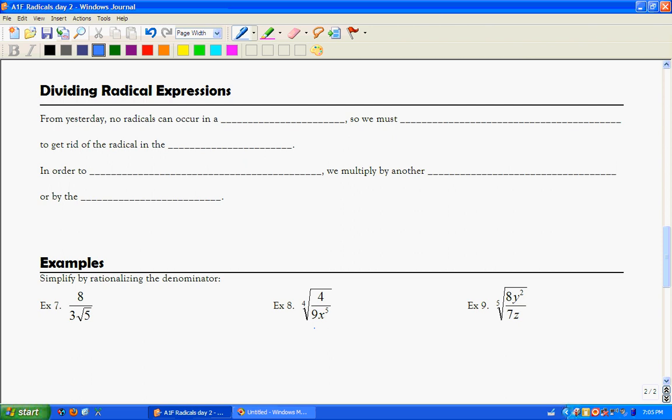Last but not least, we're going to cover dividing radicals. So from yesterday, no radicals can occur in a denominator. So we must do what we call rationalizing, or we must rationalize the denominator to get rid of the radical in the denominator.